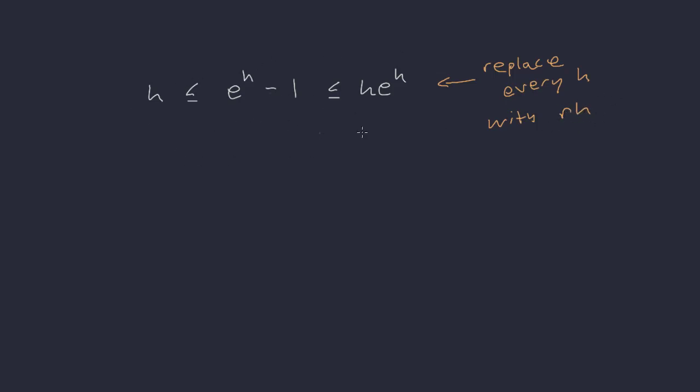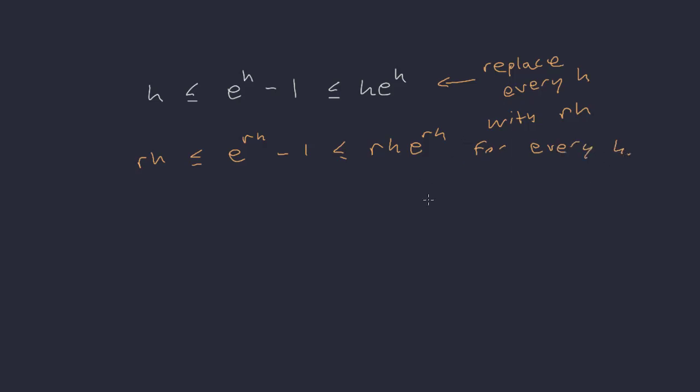Okay, we can definitely do that. So h I'll replace with r times h, which will be less than or equal to r e to the rh minus 1. There's no h here to replace, and this will be rh e to the rh. This statement should still be true for every h.